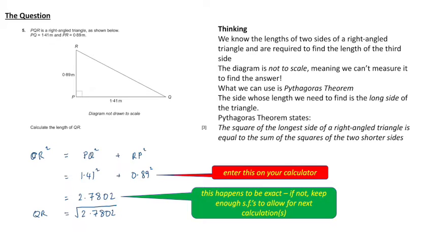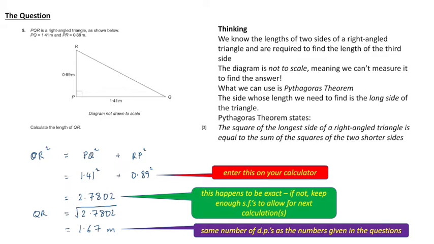QR squared becomes QR, obviously, and then we're looking for the square root of 2.7802, so on your calculator you could do square root ans, and that comes to 1.67 in meters. And notice we're keeping the same number of decimal places as the numbers given in the question. The numbers in the question are 0.89 and 1.41, so that's 2 decimal places, so we give the answer to the same number of decimal places.